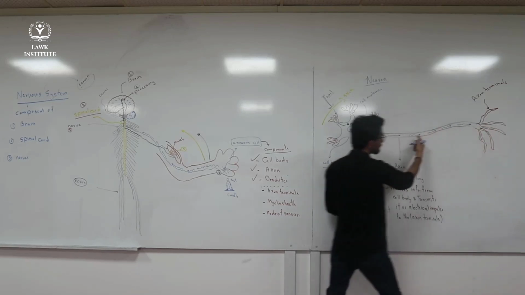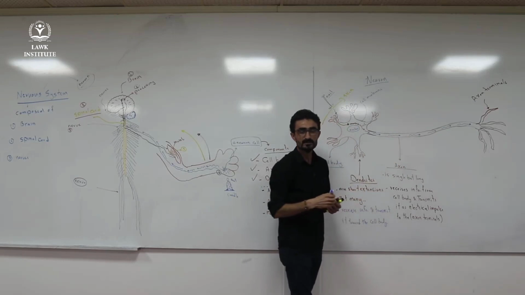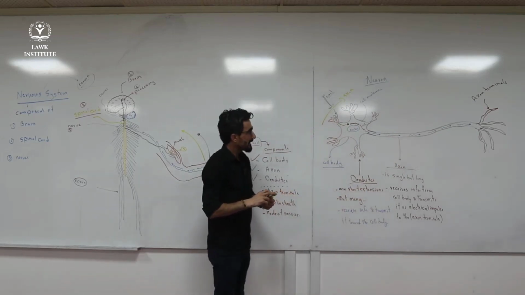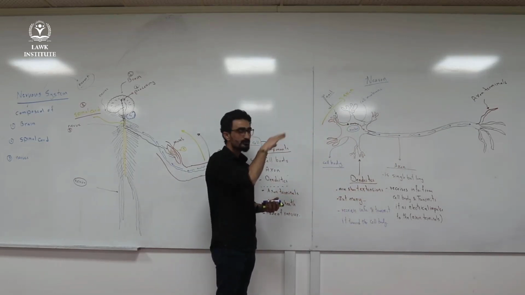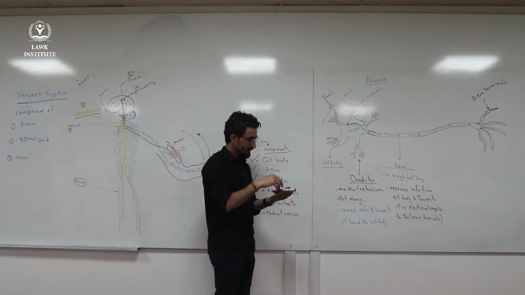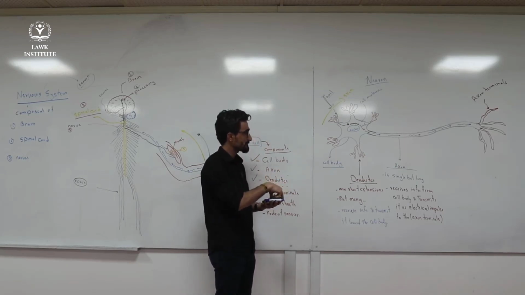So these blue arrows represent the electrical impulse that goes through the axons.